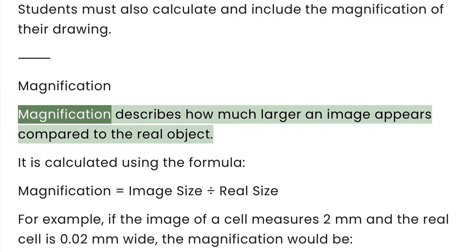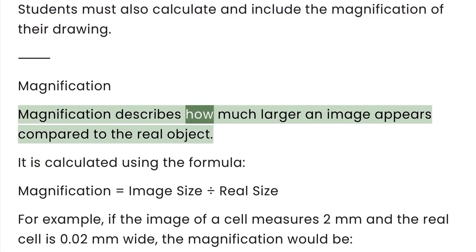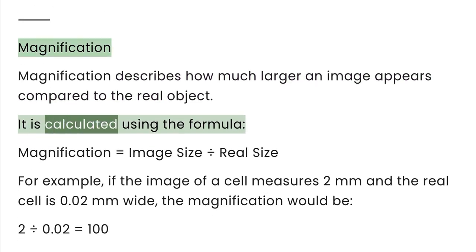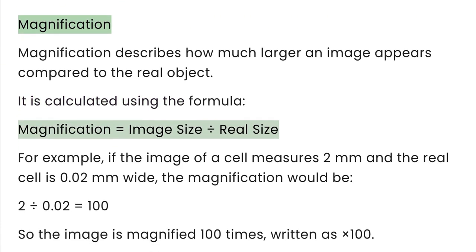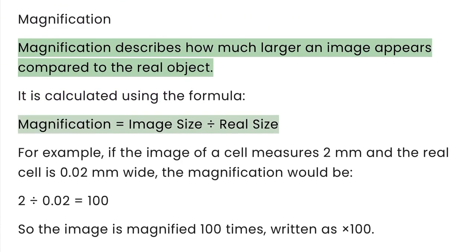Magnification. Magnification describes how much larger an image appears compared to the real object. It is calculated using the formula: magnification equals image size divided by real size.